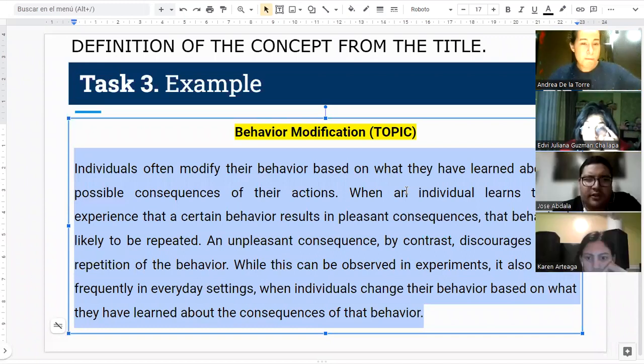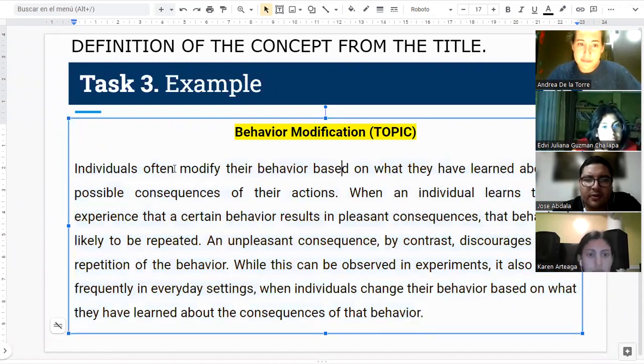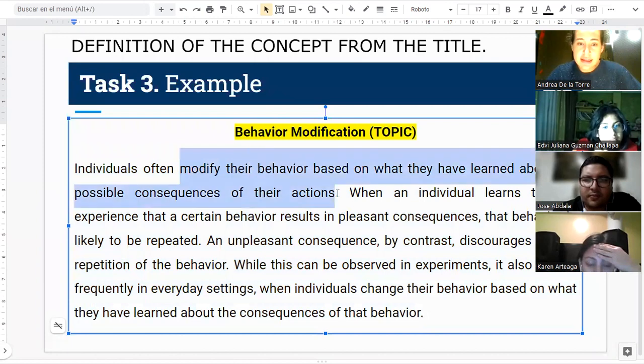I think it's the first sentence. Okay. The behavior based on what they have learned about possible consequences of their actions.